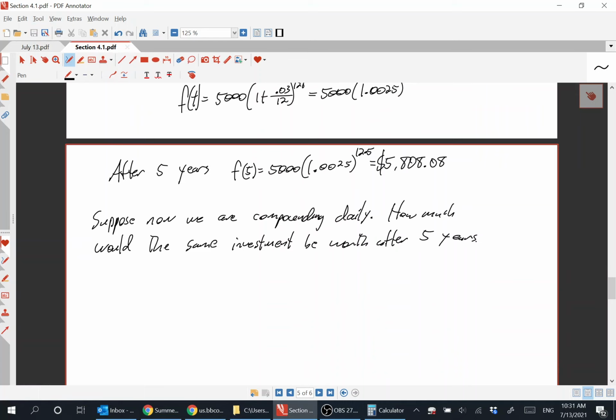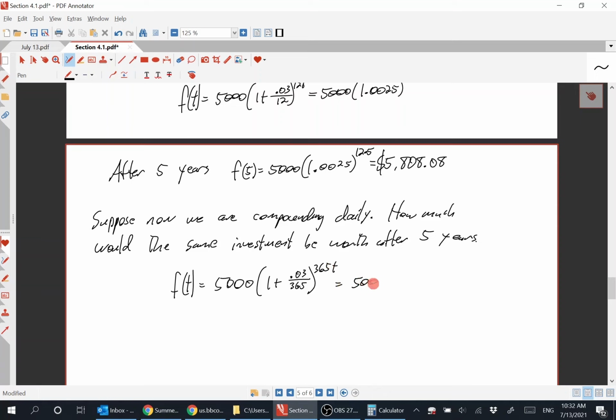If you were compounding daily, you would use this function: 5,000 times (1 + 0.03/365) to the 365t.